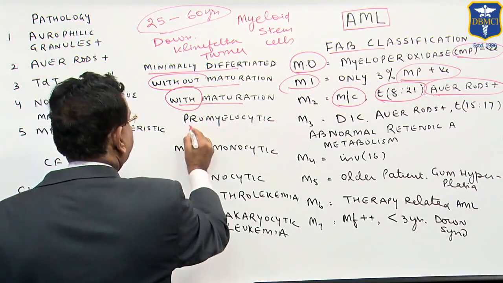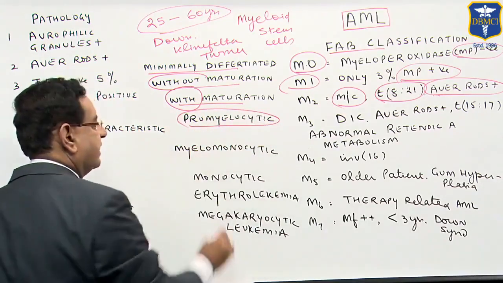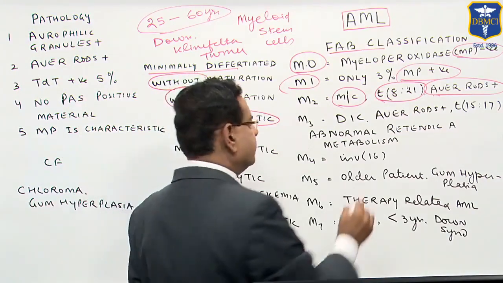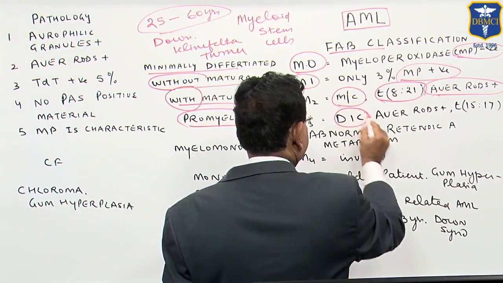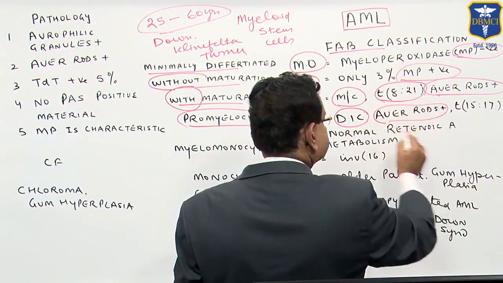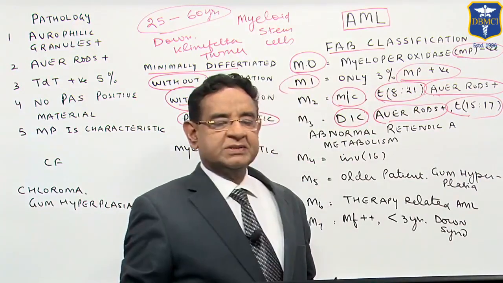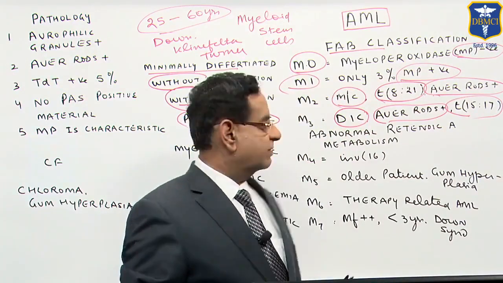M3, promyelocytic AML, M3, very important point. In this DIC is common. Auer rods are present, and classically we see t(15;17) translocation.